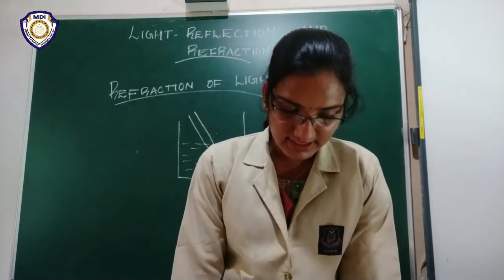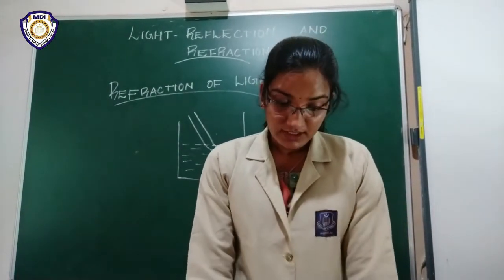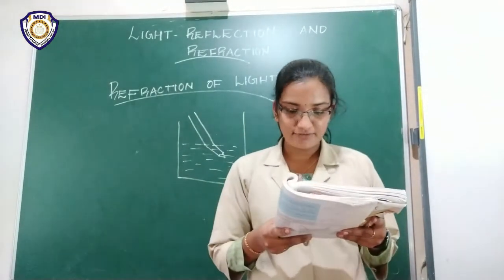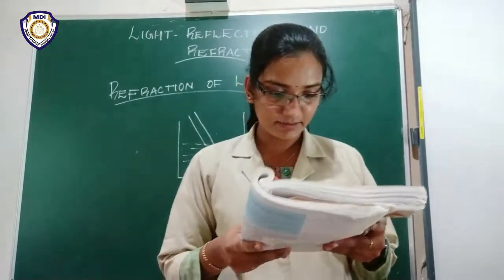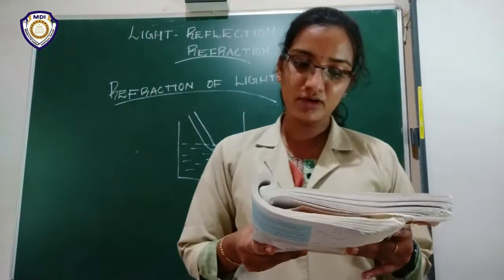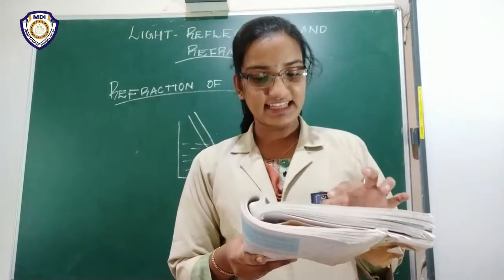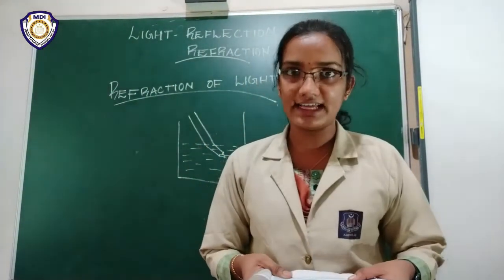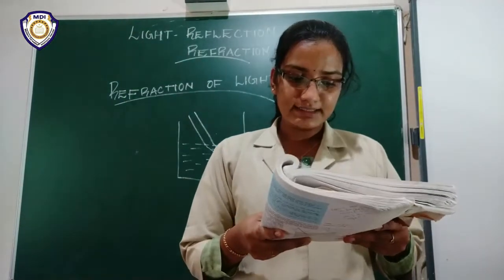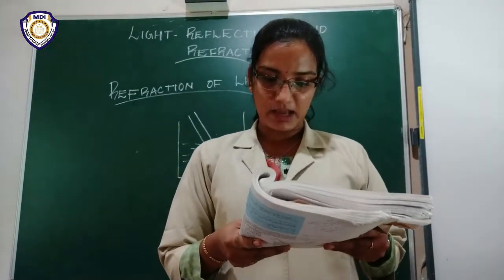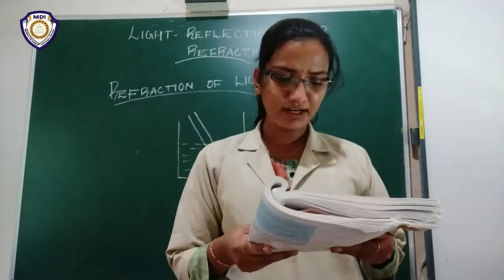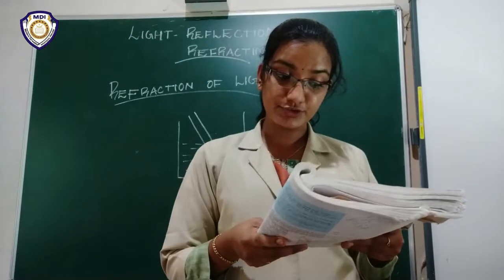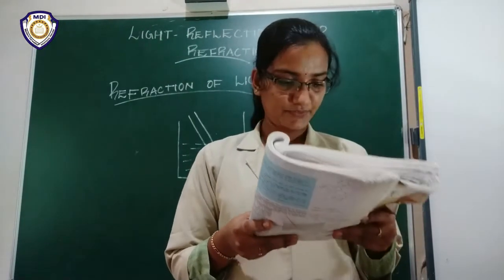There is another activity. Draw a thick straight line in ink over a sheet of white paper placed on a table. Place a glass slab over the line in such a way that one of its edges makes an angle with the line. Look at the portion of the line under the slab from the sides. What do you observe? Does the line under the glass slab appear to be bent at the edges?